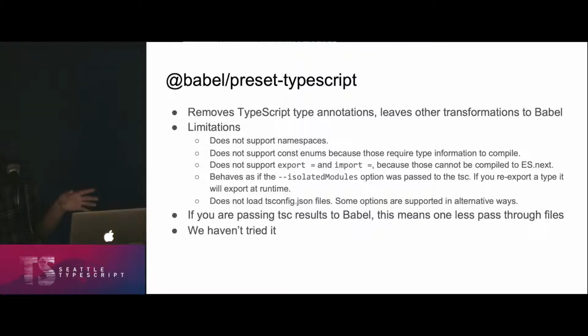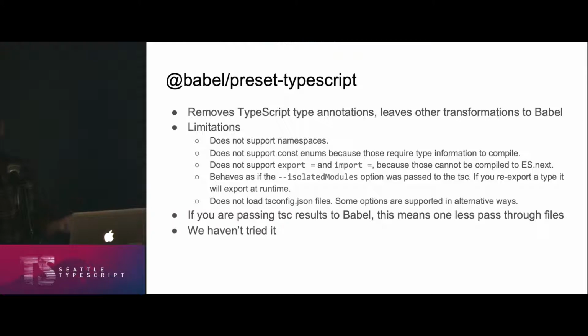The first, and I think most well known, is the TypeScript preset for Babel. What it does is it just removes TypeScript annotations, which is great, and then hands everything else to Babel for transformations into whatever version of JavaScript you need in your browser.